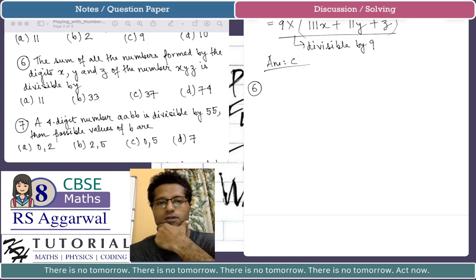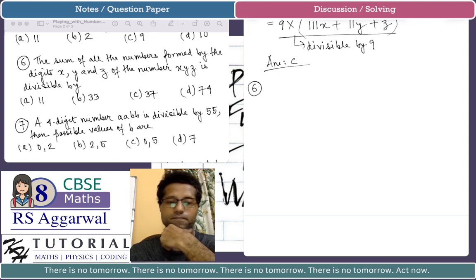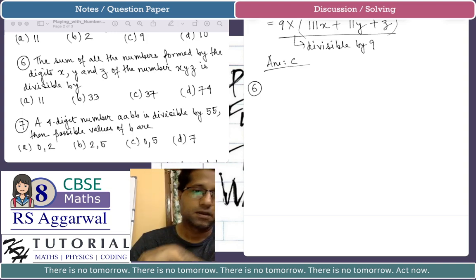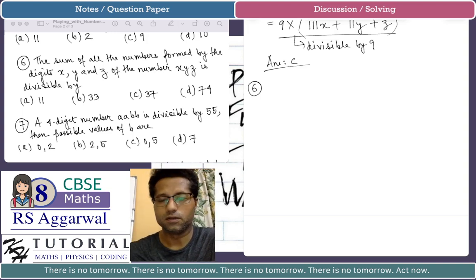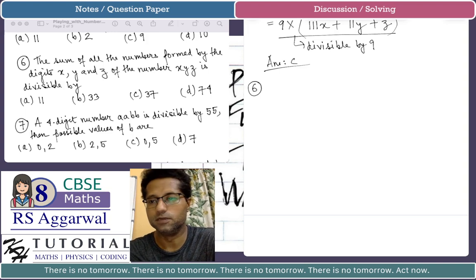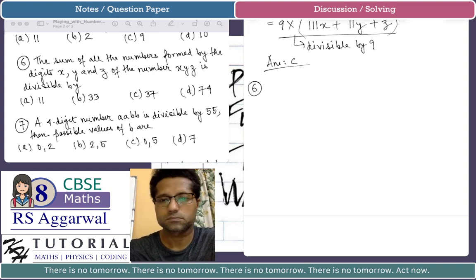So what are all the numbers formed by the digits of a 3-digit number? The first number has to be the given original number xyz.